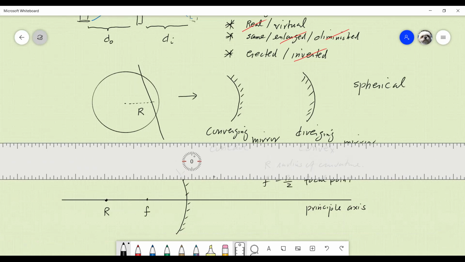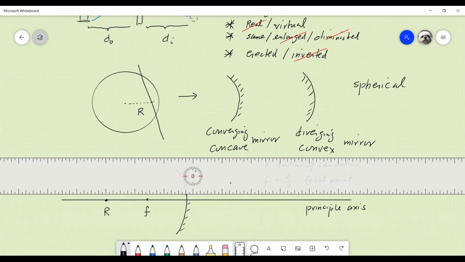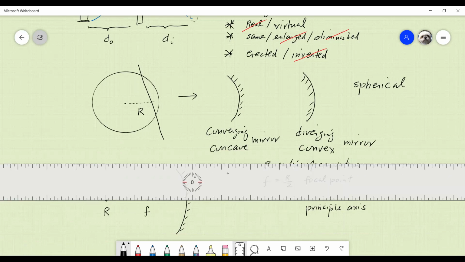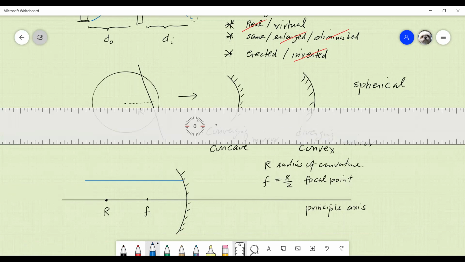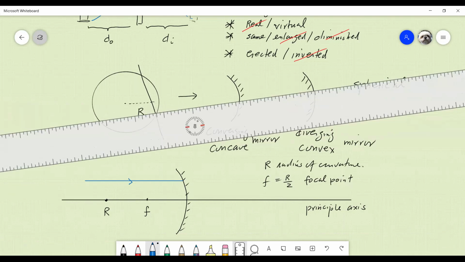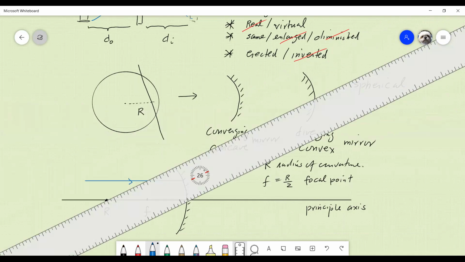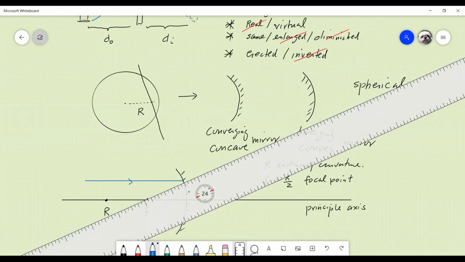Now, why do we call it a convergent mirror, a concave mirror, right? The reason for that is if you have a parallel line coming in, let's say I'm going to send in a parallel line of light, then what happens? Then the light will converge to the focal point.